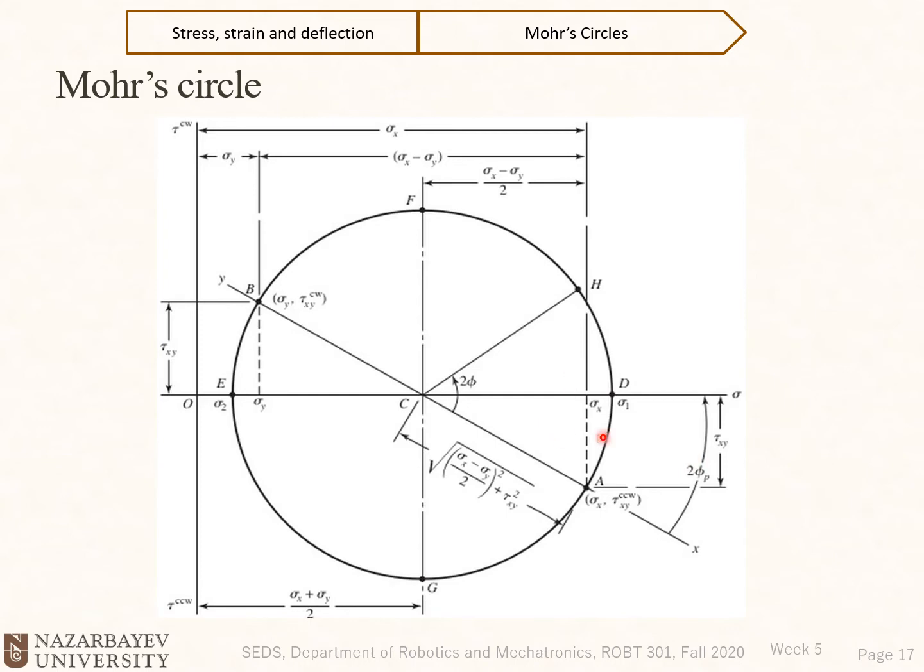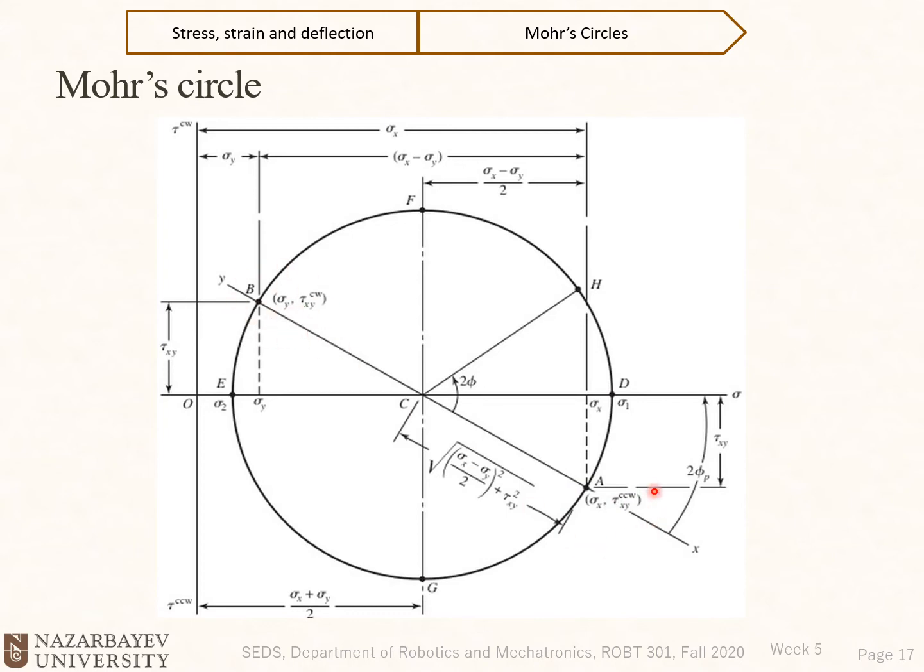Okay, so we always have one line which is intersecting the circle and gives us the applied stresses. In this case, we have sigma x, tau xy, and sigma y, tau xy.